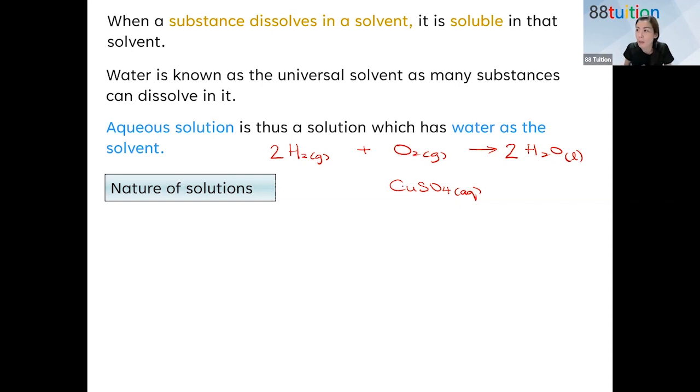Still don't know? Okay, I was asked about whether you can call it an alcoholic solution. If it's alcohol dissolving something, you cannot put aqueous because there is no water. I said alcoholic. When something dissolves in alcohol, you call it alcoholic. Then it depends on whether it is drinkable or not drinkable.